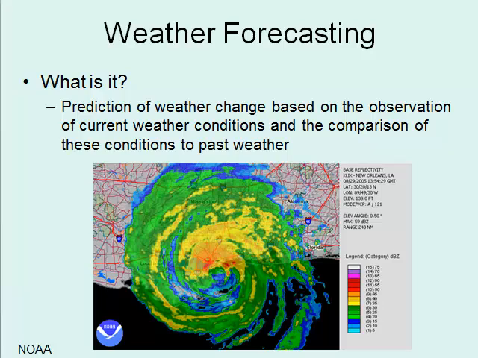So first of all, what is a weather forecast? It is a prediction of how the weather may change in the future based on the observation of current weather conditions and comparing those current weather conditions to conditions that have happened in the past. So for instance, we see a hurricane model here.